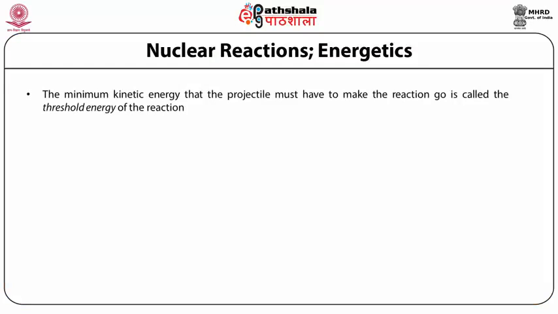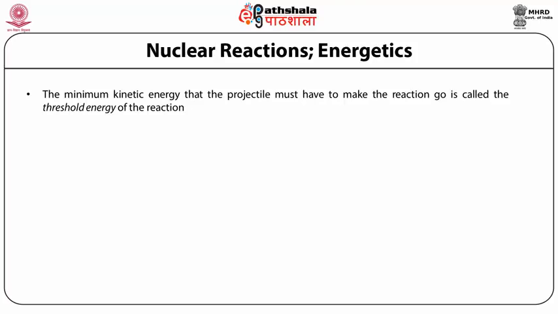Nuclear reaction energetics. In this slide, we are continuing our discussion about the energy in the nuclear reaction. The minimum kinetic energy that the projectile must have to make the reaction go is called the threshold energy of the reaction.